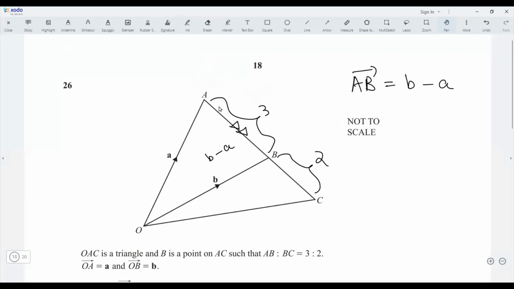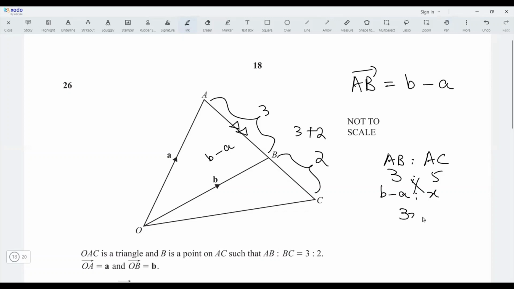If we have the AC vector, we can find the OC vector through the triangle OAC. So how can we find the AC vector? I'm writing down AB and ratio AC. So remember the ratios. If AB's ratio is 3, what about AC's ratio? AC's ratio is the sum of these two, 3 plus 2, which is 5. What about the vector of AB? AB's vector is B minus A, and AC's vector is to be found out. We don't know it, it's X. Cross multiply.